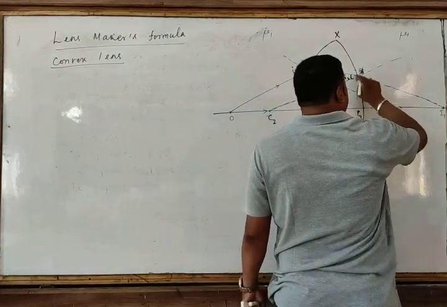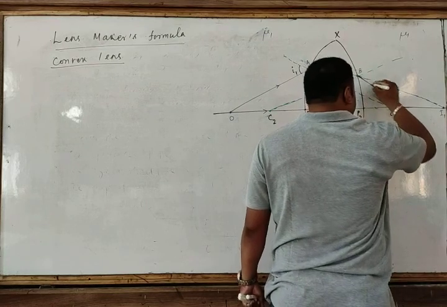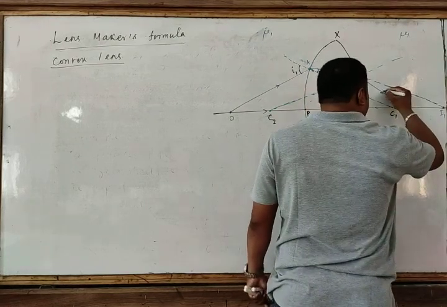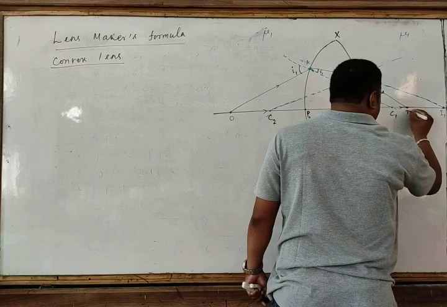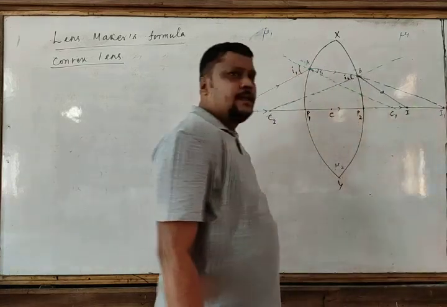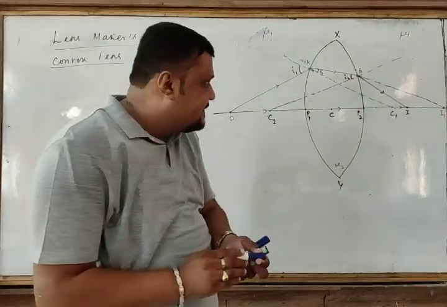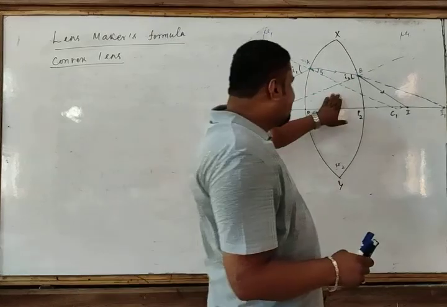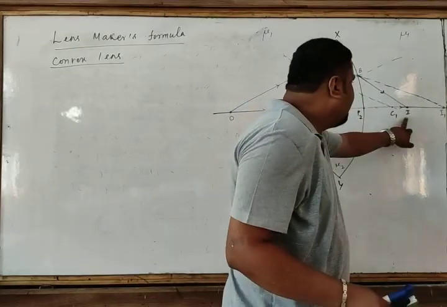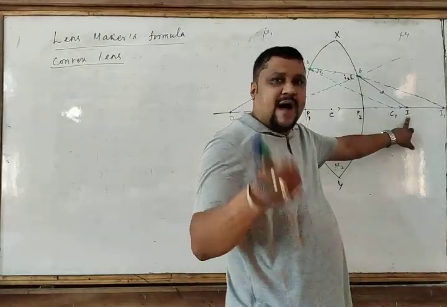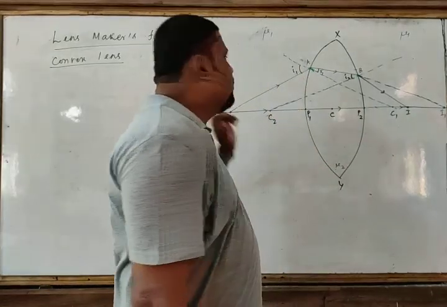This is the normal on this surface. It bends away from the normal like this, and it will meet at the point, suppose I. Then we can say that because of this lens, I is the final image of the object O.